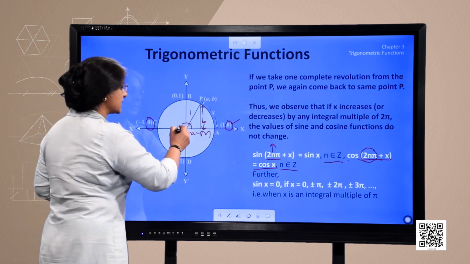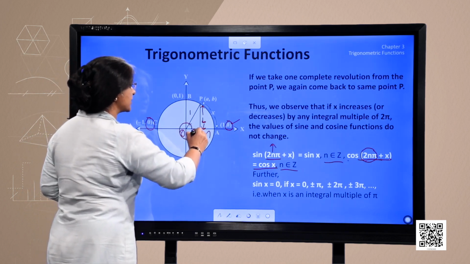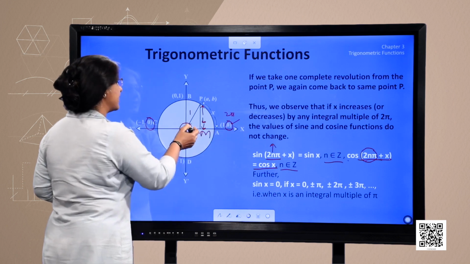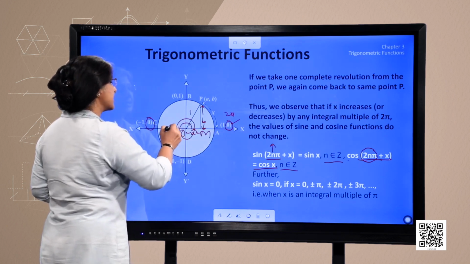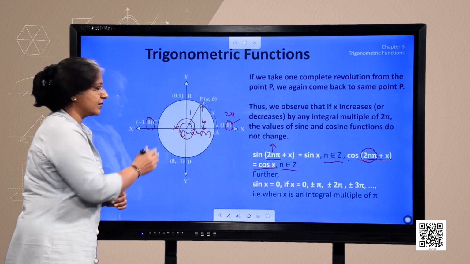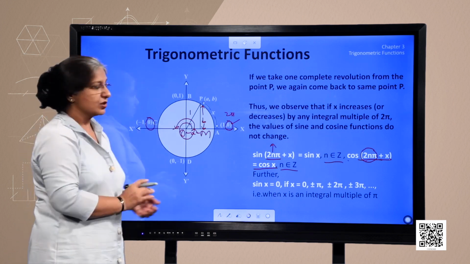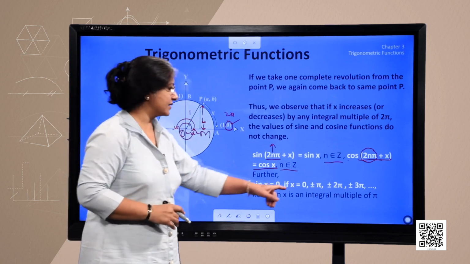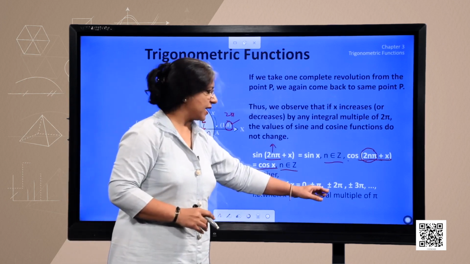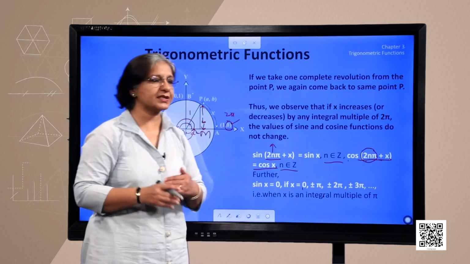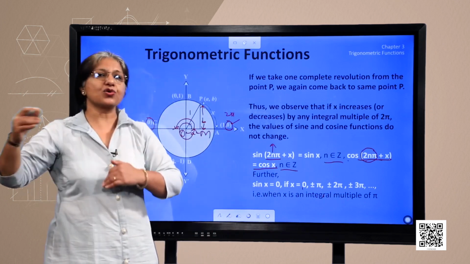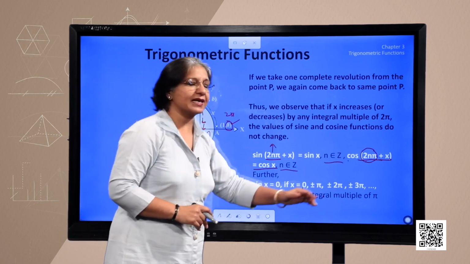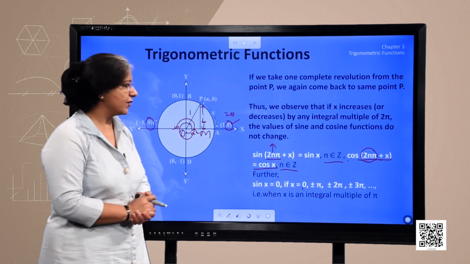Similarly, if it comes back to the same position, at 2 pi also sine is 0, and when it comes to this position, this makes it 3 pi, at 3 pi also sine is 0. So, we can say sin x is 0 if x is 0, plus minus pi, plus minus 2 pi or plus minus 3 pi and so on. In mathematical language, we can say x is an integral multiple of pi.